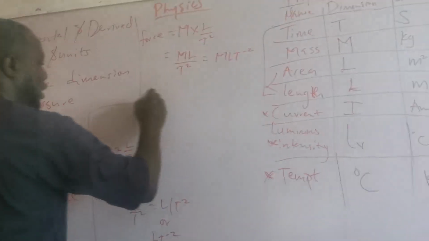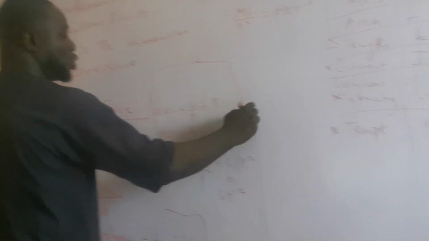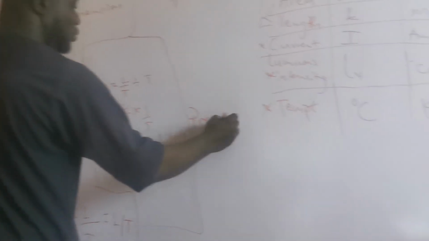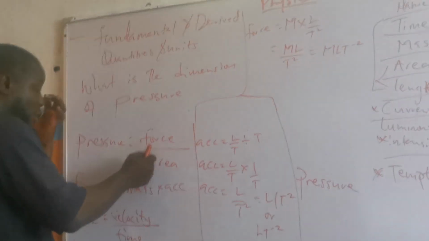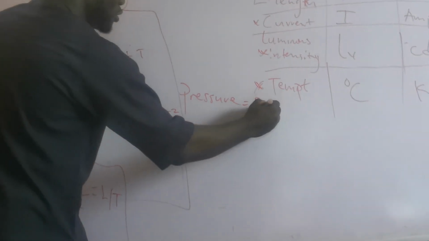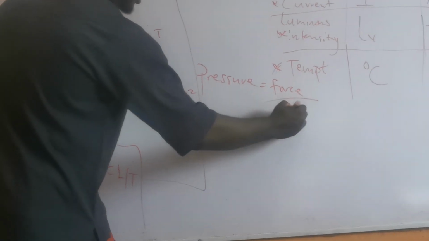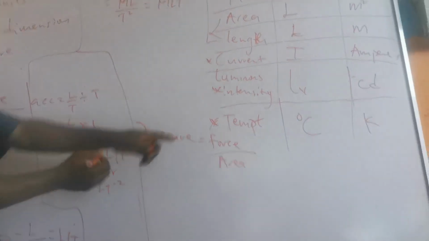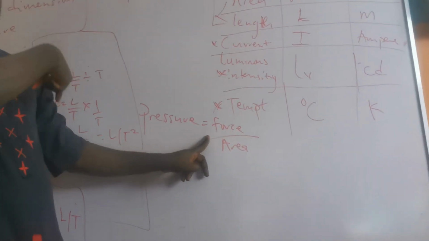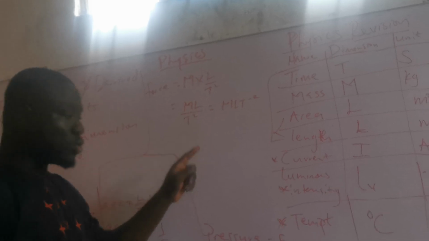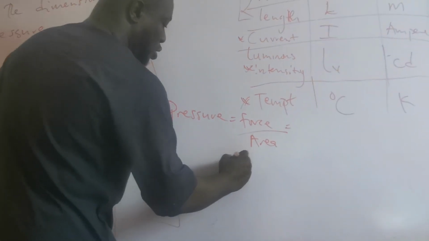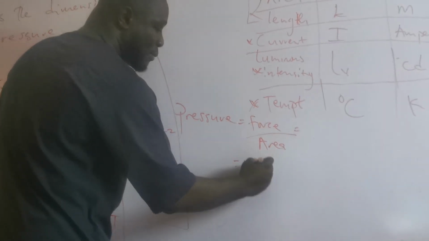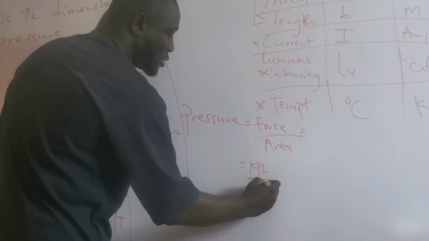Now let's see the dimension for pressure. Pressure is force over area, right? Now we've solved for force before. Force is ML over T squared.